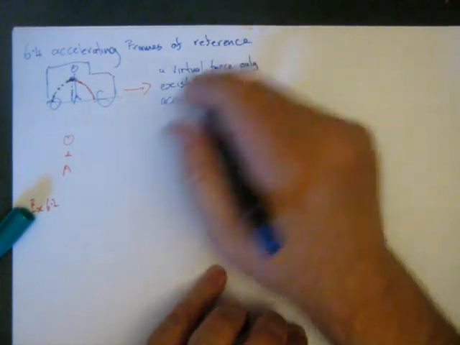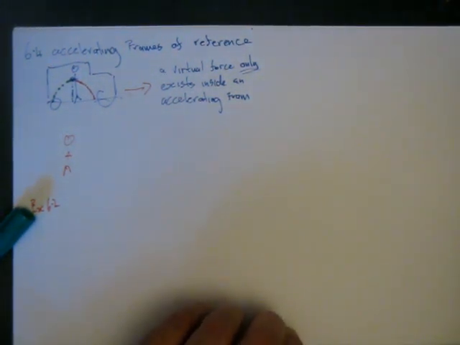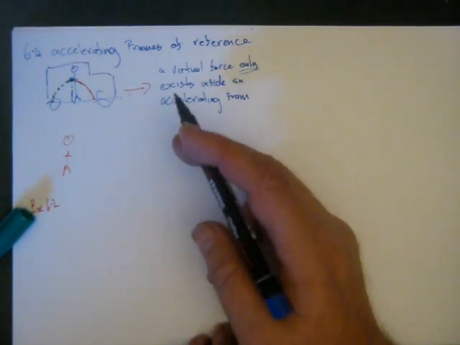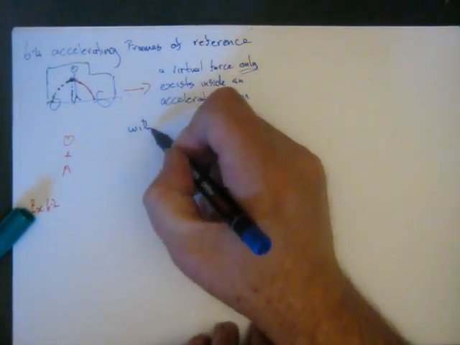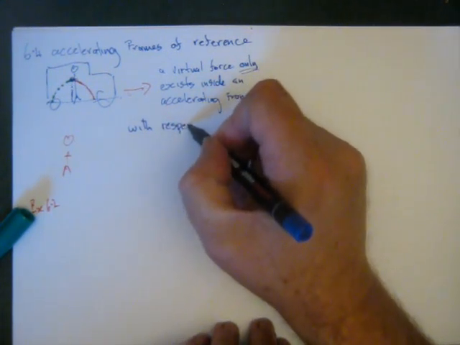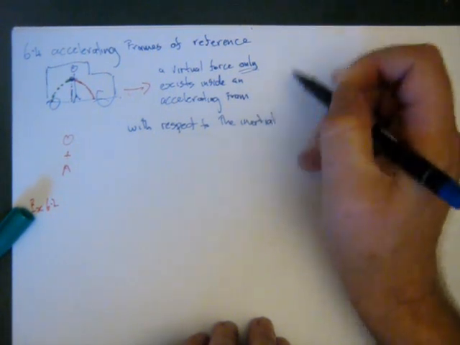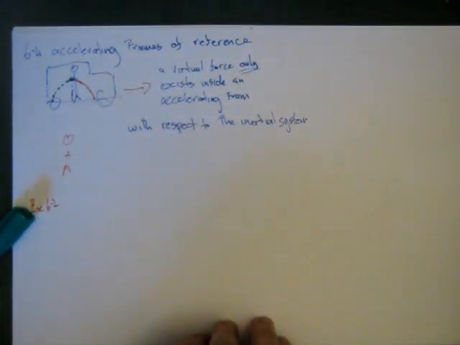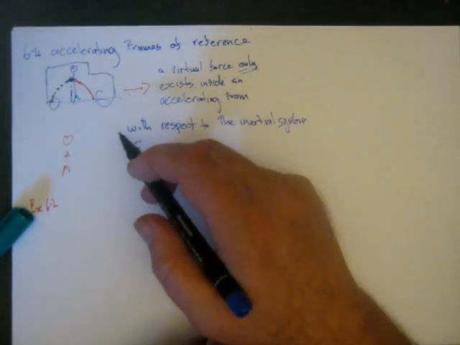So yeah, let's actually try this. Let's try and put this together and let's change that equation. Remember we had our equation up there. Where's our equation from before? So we're going to have, with respect to the inertial system, and in this case the inertial system is going to be this person here.